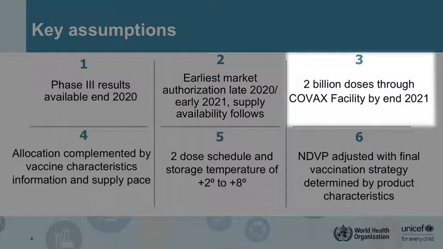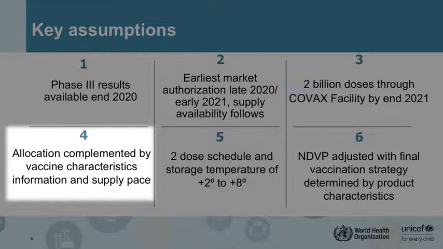The COVAX facility targets access to 2 billion doses of COVID-19 vaccines by the end of 2021. And the allocation exercise for COVID-19 vaccine will depend on the vaccine characteristics and the supply pace of the vaccines available.